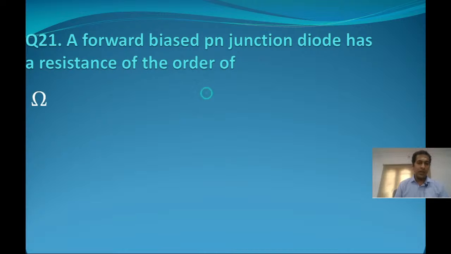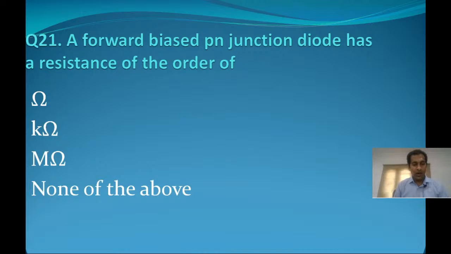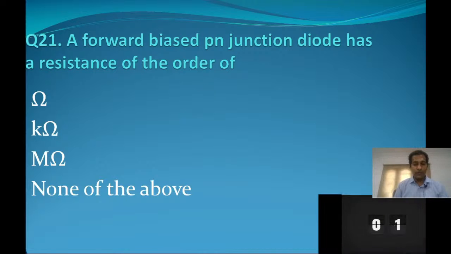Next question. A forward bias PN junction diode has a resistance of the order of: ohms, kilo ohms, mega ohms, or none of the above. Your timer starts now. If you have seen the lab sessions, the hardware lab session, and also the IIT software simulation, while taking these values, if you can remember what was the level of resistance in forward bias.